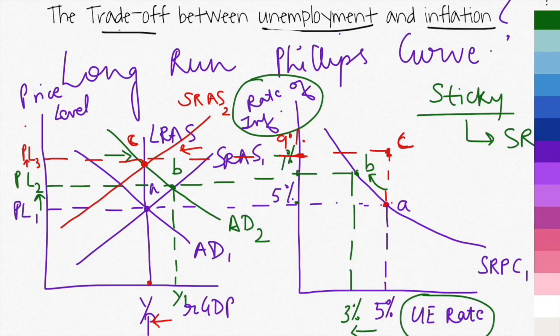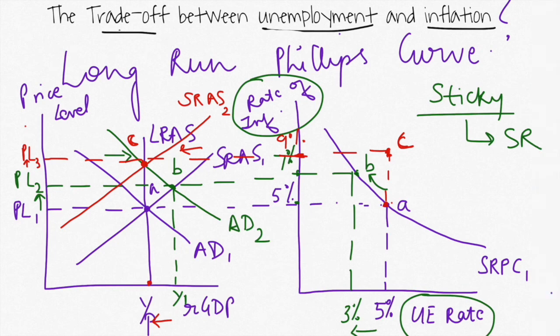So we can say that there is a long run Phillips curve, which is like the long run aggregate supply curve, where that trade-off is always going to come back.